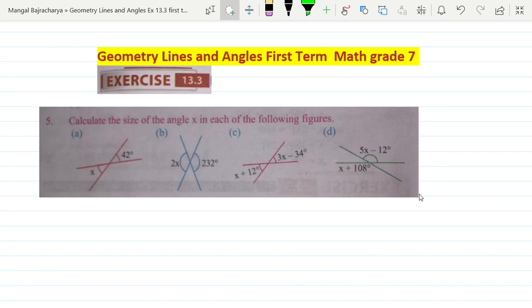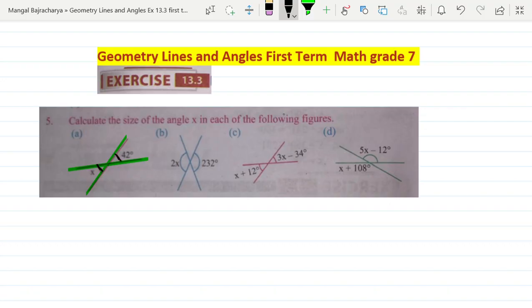Just like in this first diagram when you see, here you find these two lines, one line and another line. These two are intersecting, and then on opposite sides two angles are made here. One is this x and another is 42 degrees.